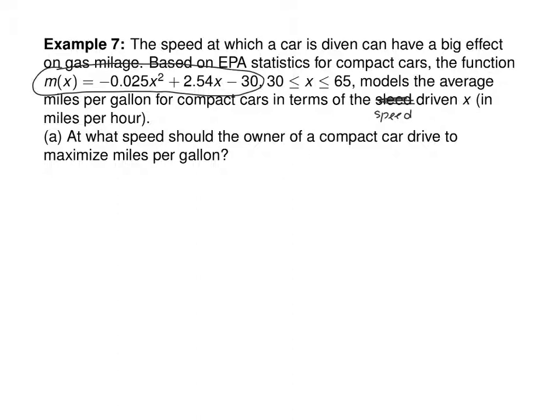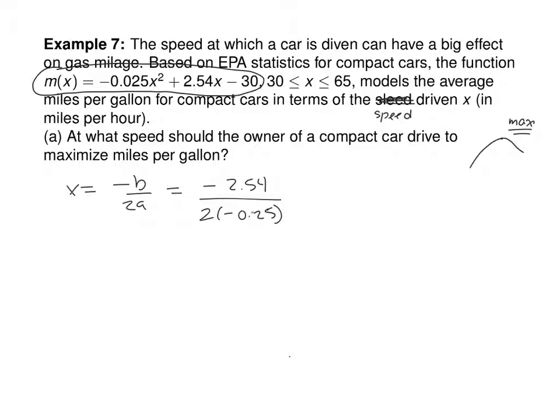So think about it. This is a parabola, right? Is it a happy parabola or a sad parabola? It's a sad parabola. So it has a maximum, right? So you can find the maximum using that vertex formula. So it will be x equals negative b over 2a. So negative 2.54 over 2 times negative 0.25.